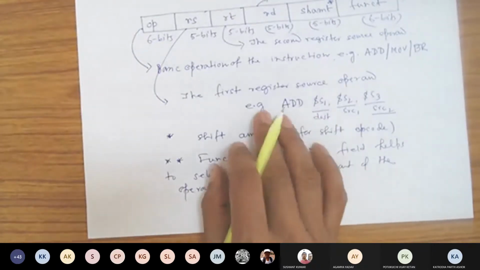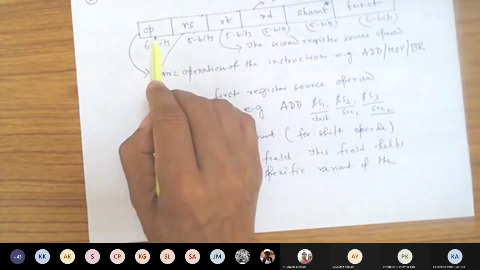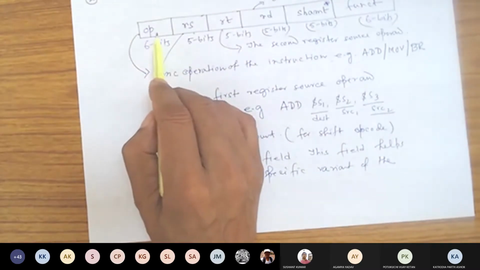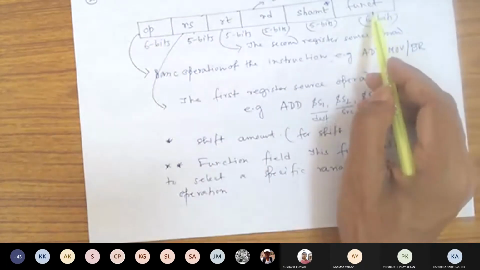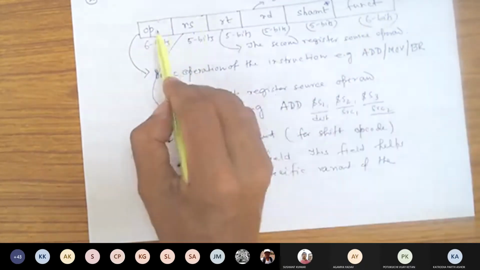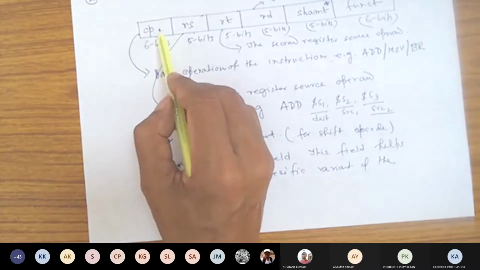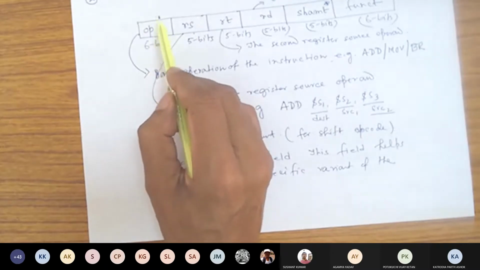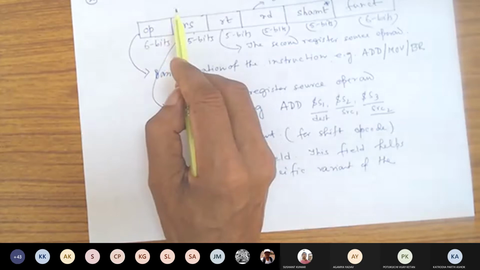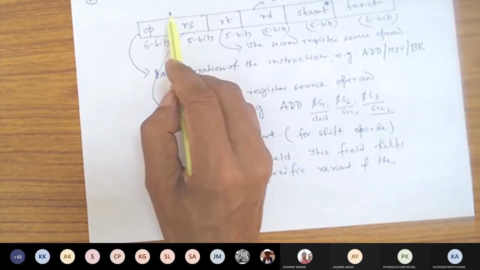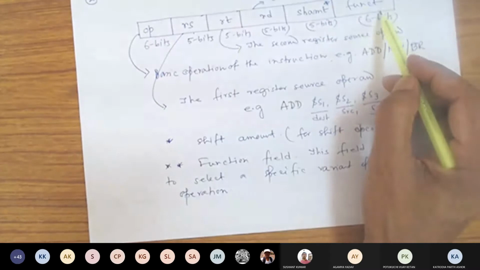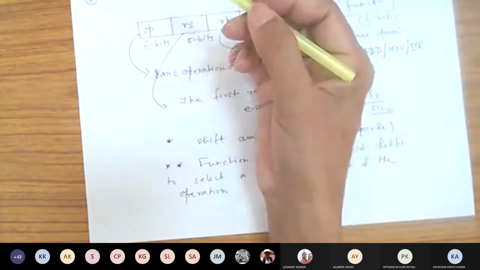So the opcode field takes help of this function field whenever needed, depending on what type of opcode it is. Obviously for move you may not require it, but for arithmetic operations like add, multiplication, subtraction, division, and logical operations, you need to take the help of the function field to define different types of operations.